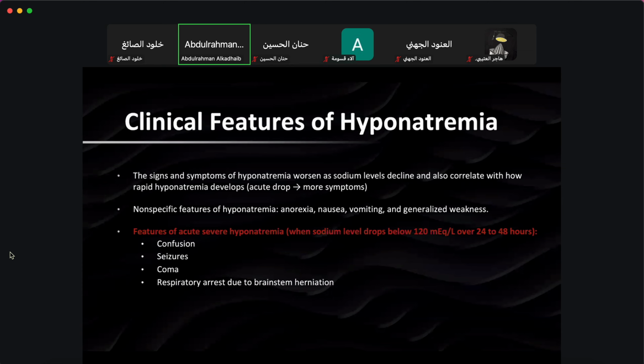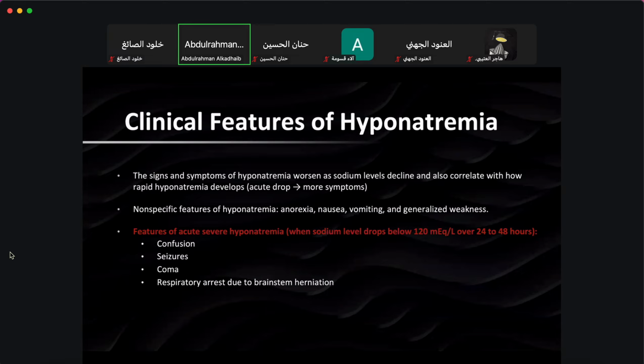Severe hyponatremia can be characterized by severe CNS symptoms, such as confusion, seizures, or coma. And in very severe cases, it may lead to respiratory arrest due to brainstem herniation.